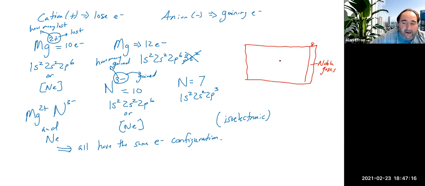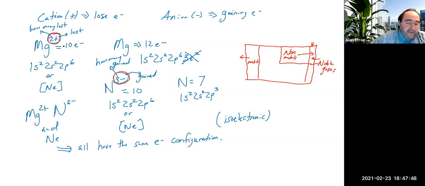And typically our nonmetals will gain electrons and head forward to the noble gas that comes right after them, and that's why they end up with a negative charge. While metals, especially our representative metals, will lose electrons and back up to the noble gases when they become positive charges.